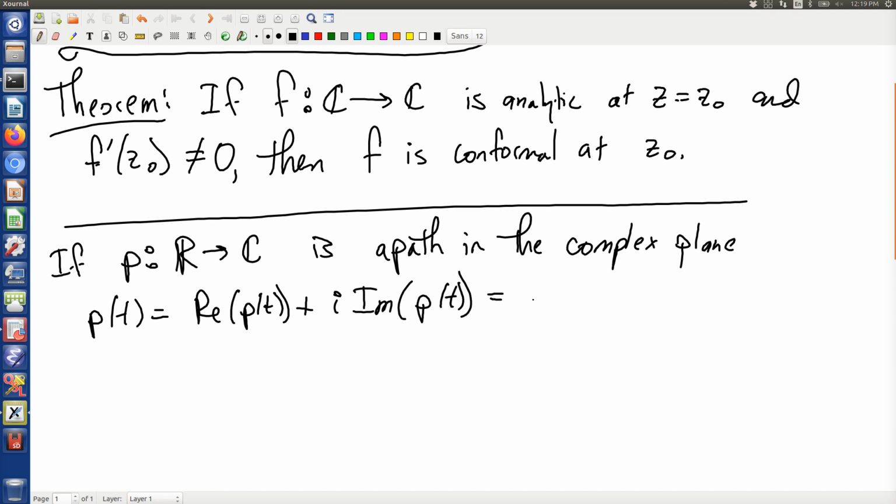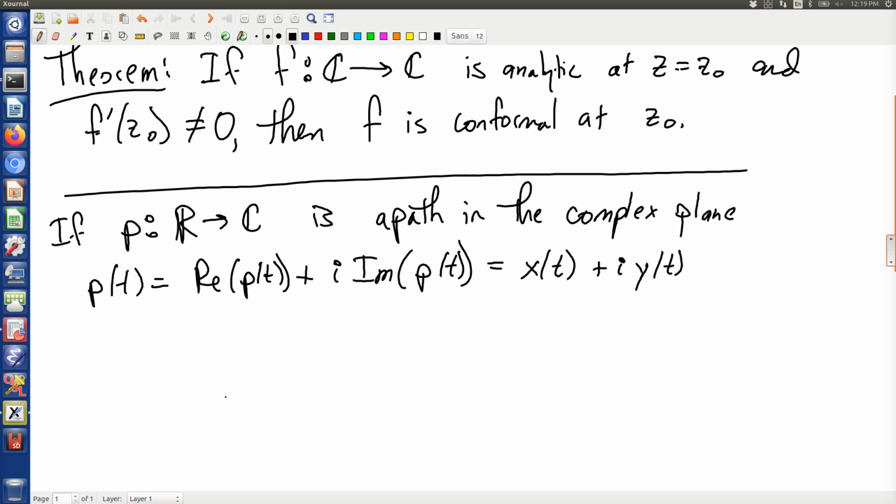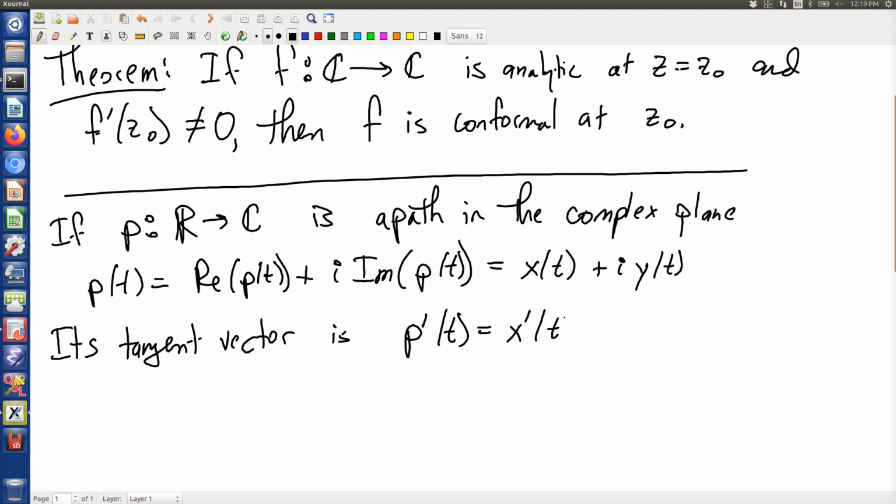For all intents and purposes, you could think of this as a function x and a function y. Now, given this complex function, you can ask, what is its tangent vector? Its tangent vector is p prime of t, and that's simply the derivative of these two components. This is a vector in R2, and it's a single complex number as well.